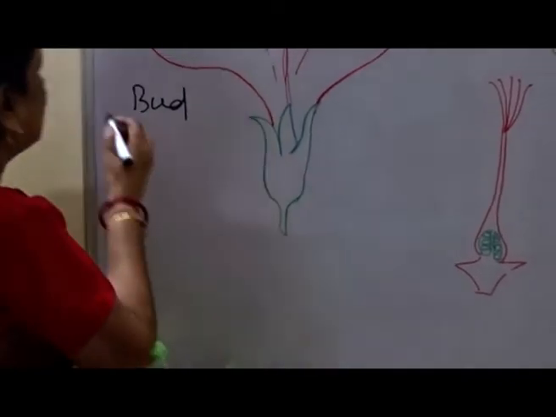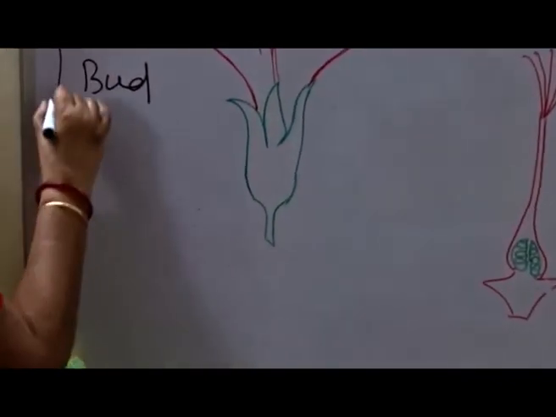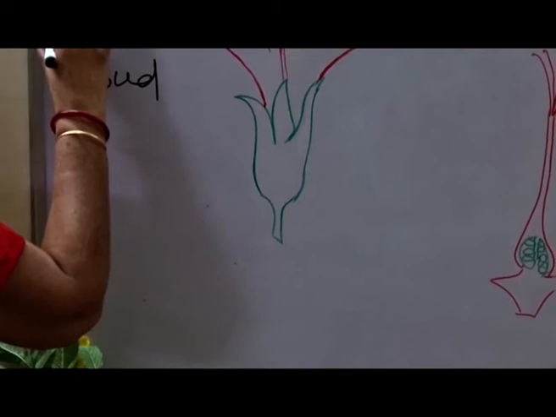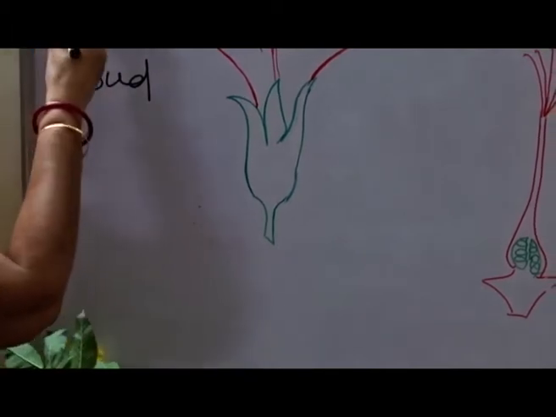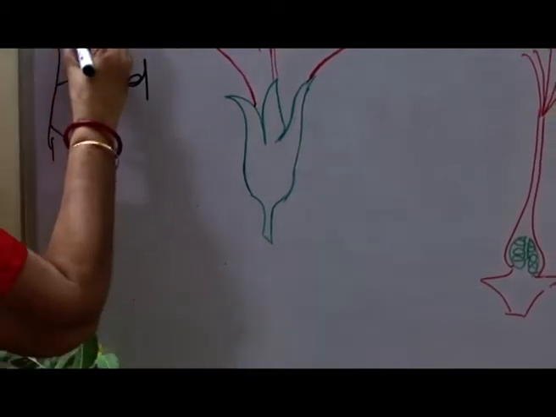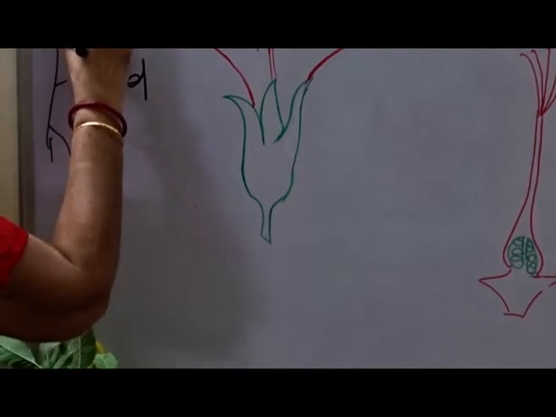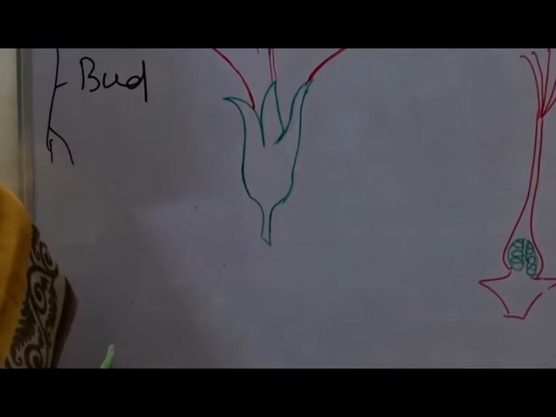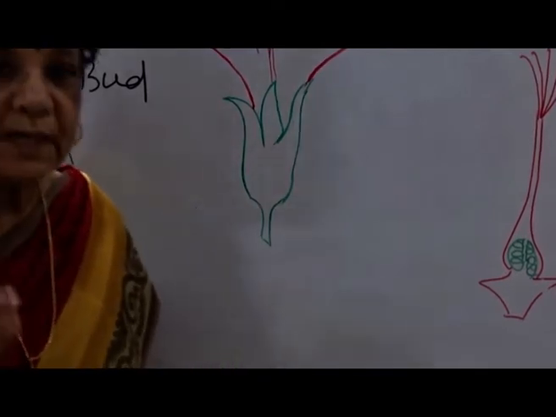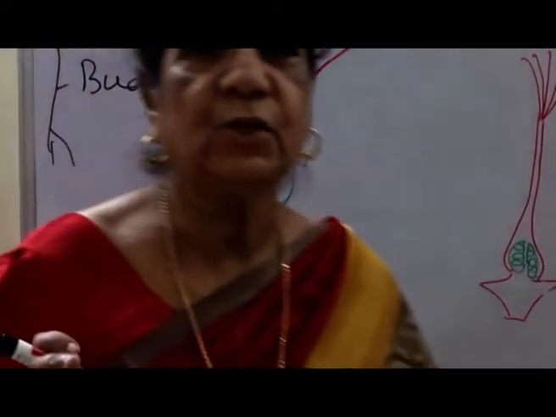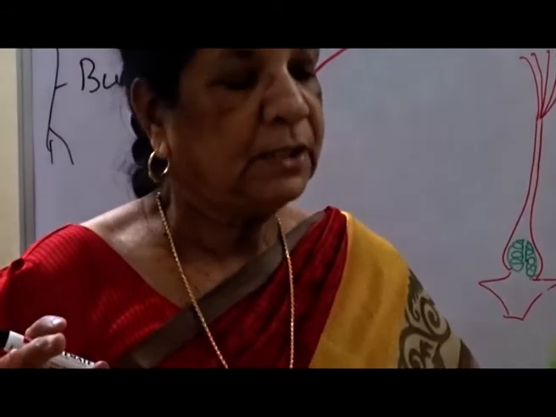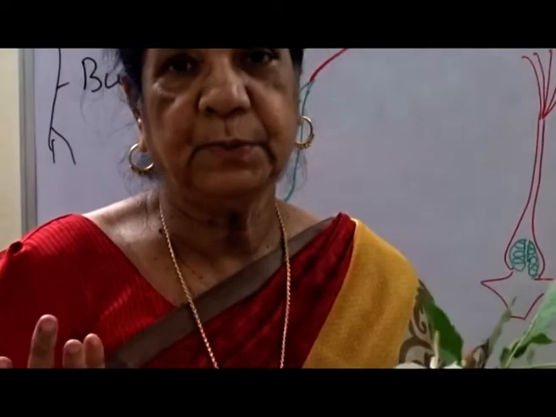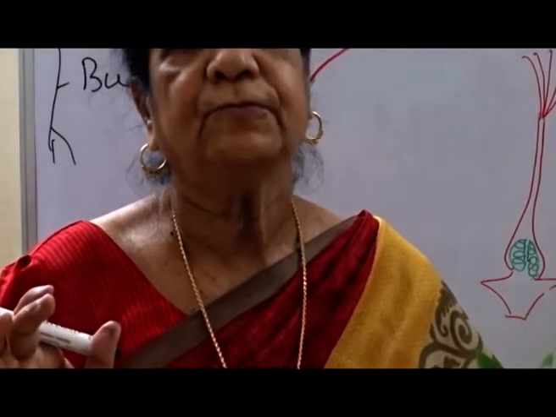Now, this bud in a given plant may be at the tip, that is called a terminal bud, or it may be from the axil of the leaf, that is known as an axillary bud. So, the appearance of the bud is the first sign of reproduction. Now, the bud, when it blooms, forms the flower.